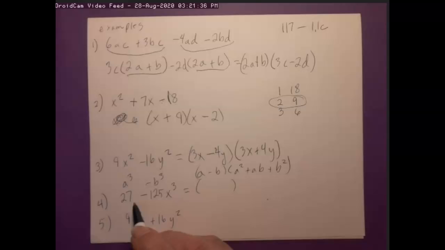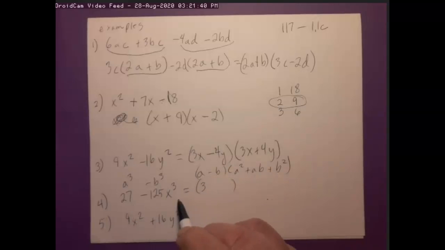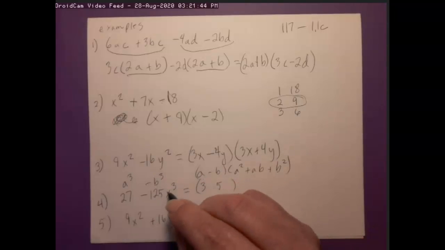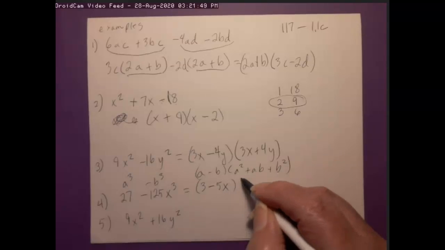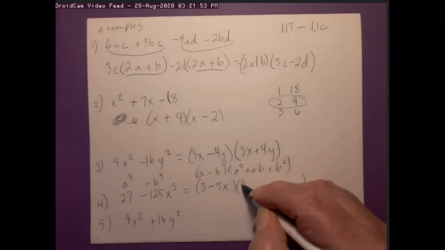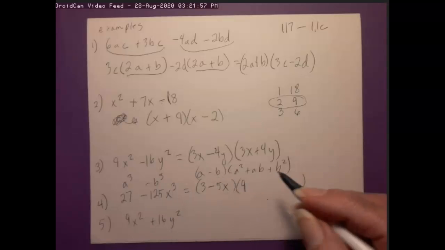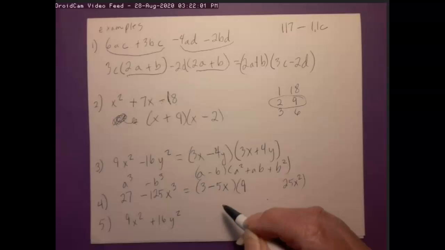I need the cube root of 27, gives me 3, so that's what my a is. The cube root of 125x cubed, well, 125 is 5. I keep the sign, and this will be x. Now, in order to get that 27, I actually need a 9 here, which is 3 squared. In order to get 125x cubed here, I'm going to need a 25x squared, which is this quantity, squared.